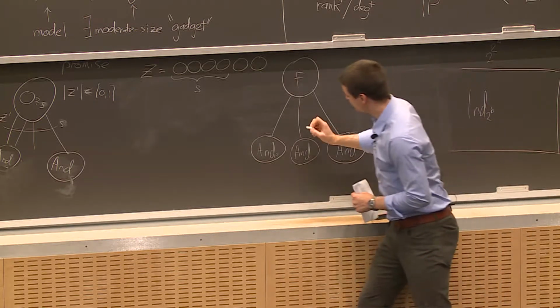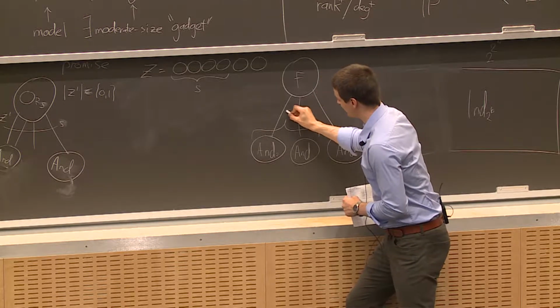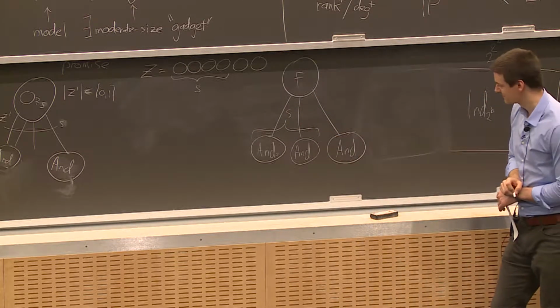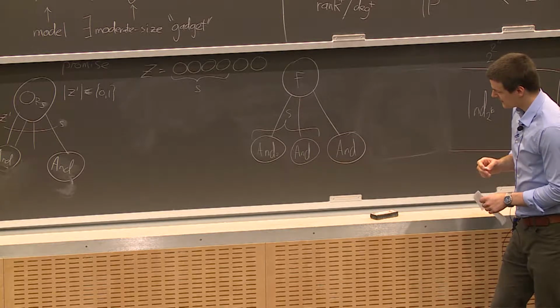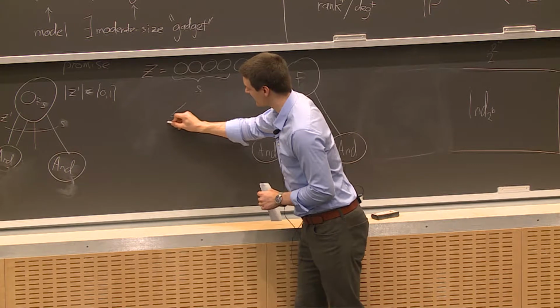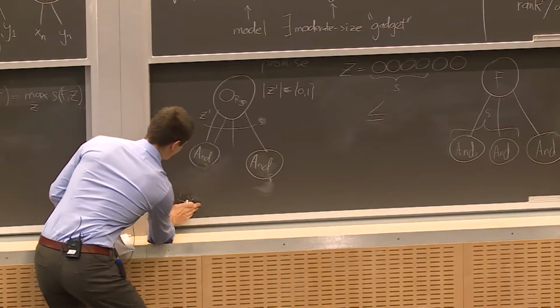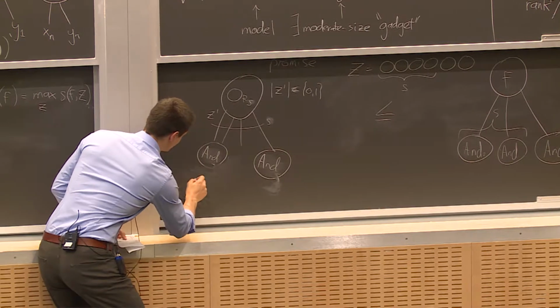Let's say here are the s first gadgets. And if I really am allowed to assume this, I claim the reduction is very simple. So what do you do?